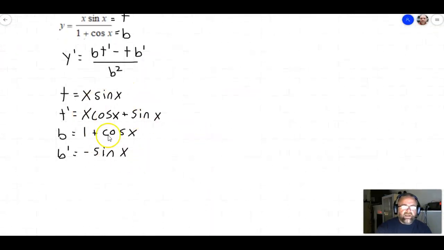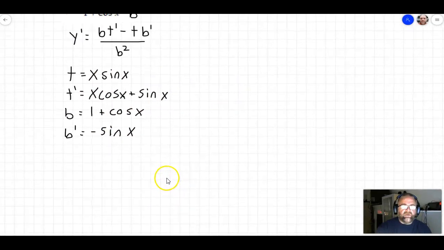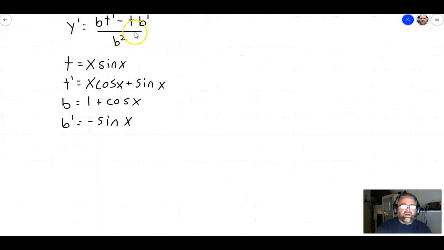Alright, now that we have it all broken down, we're going to be applying this rule up here.